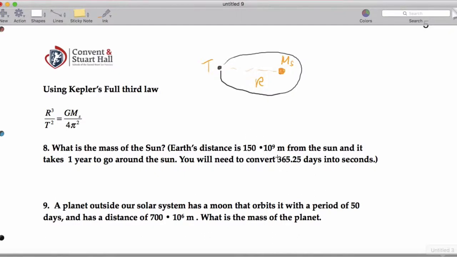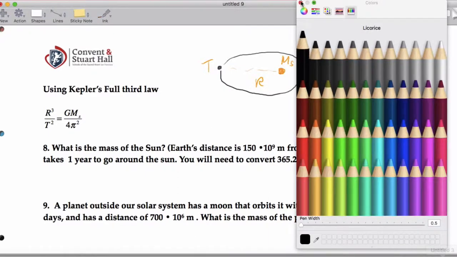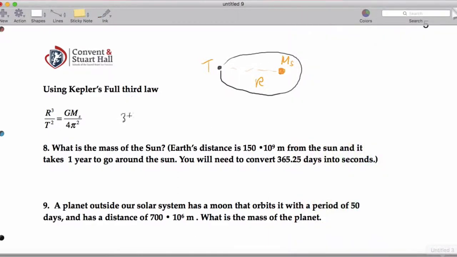So we need to first convert 365 days into seconds. That's going to be 365.25 days. There's 24 hours in a day, and there's 3,600 seconds in an hour. When we evaluate that, we will end up getting quite a big number, actually.